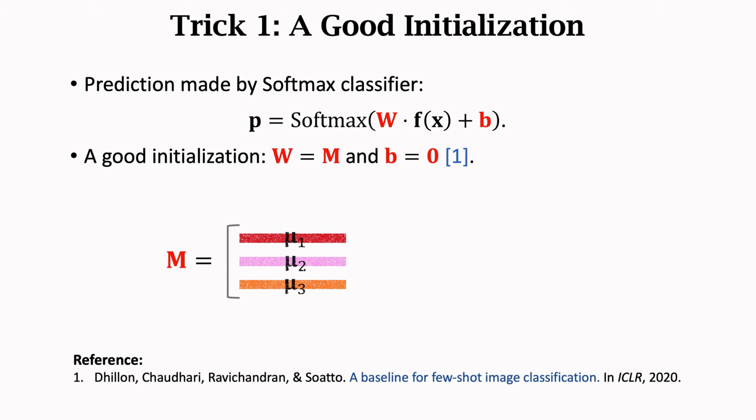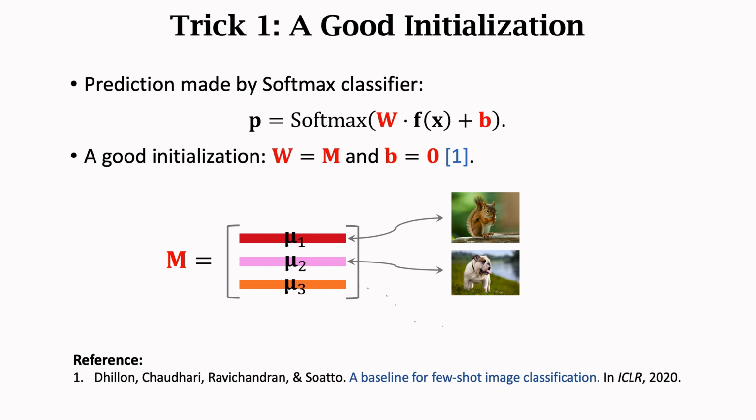Let's revisit matrix M. If the support set has 3 classes, then M has 3 rows. Each row of matrix M is the embedding of one class into the feature space. In this example, the 3 rows of M respectively correspond to squirrel, bulldog, and puffin.